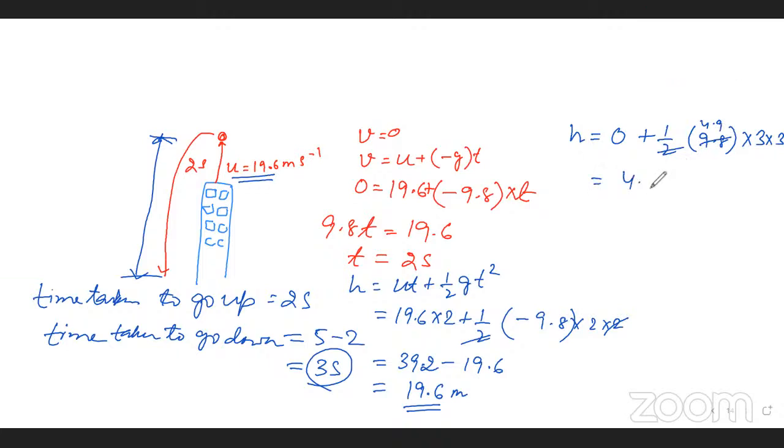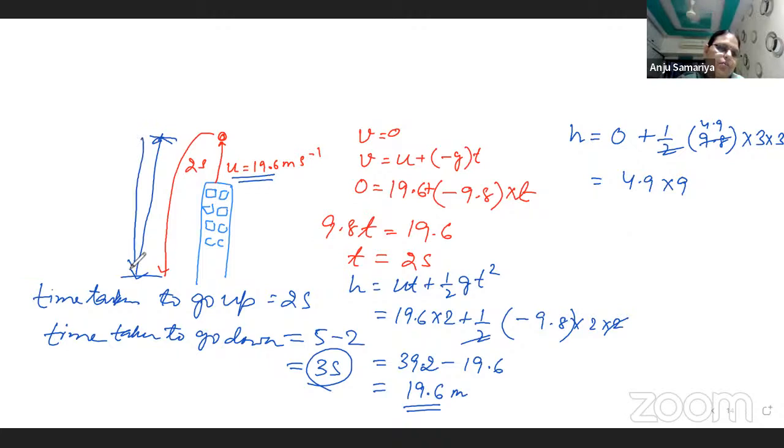We are calculating the total height now. It came down, and we got this height. So this is the total height it went up and down. So that is the height of the tower.